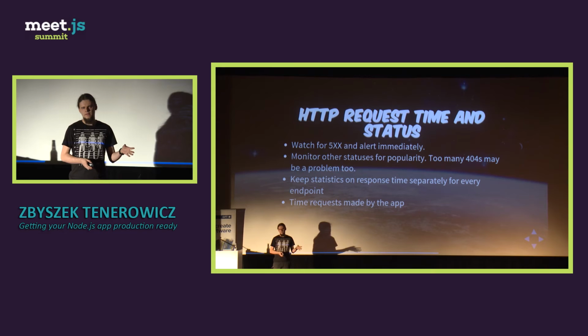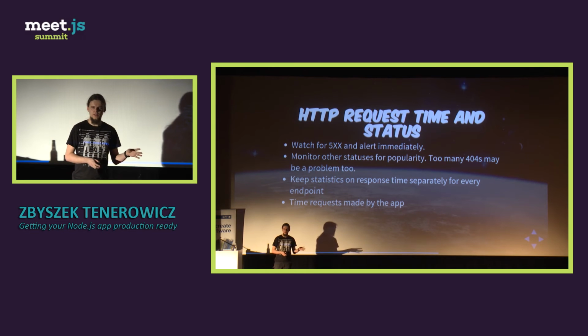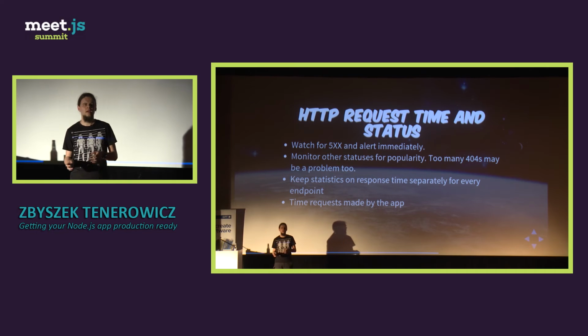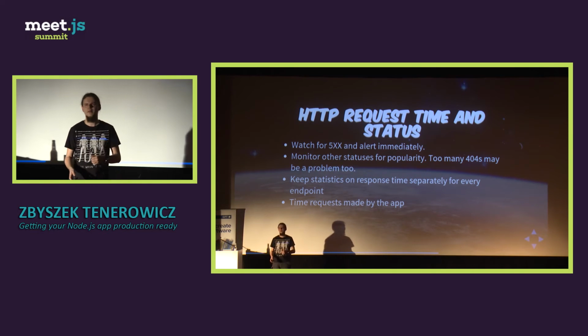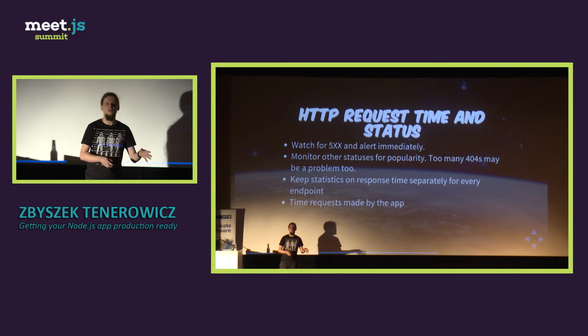There are tools for that. I know there are tools for that. So you can just plug in something you pay for and get it done. But you can also do a very, very basic thing and just count the numbers, expose them somewhere. We'll get to it. And your good old monitoring that you already have in your company will handle this.